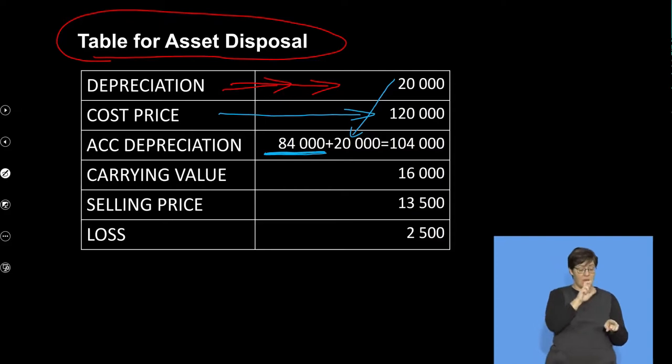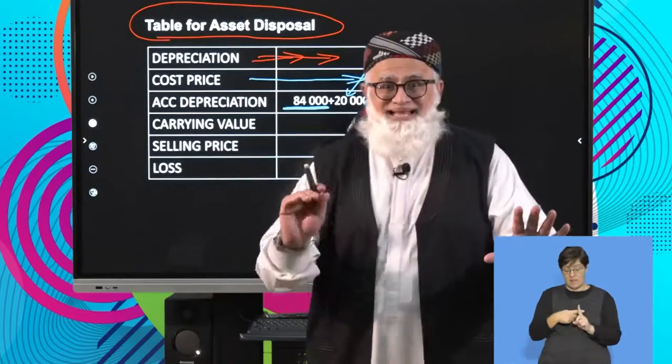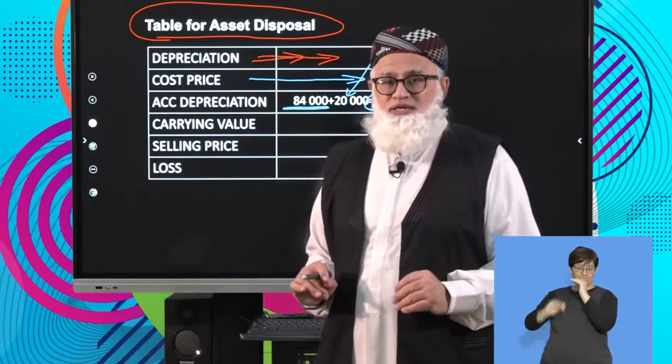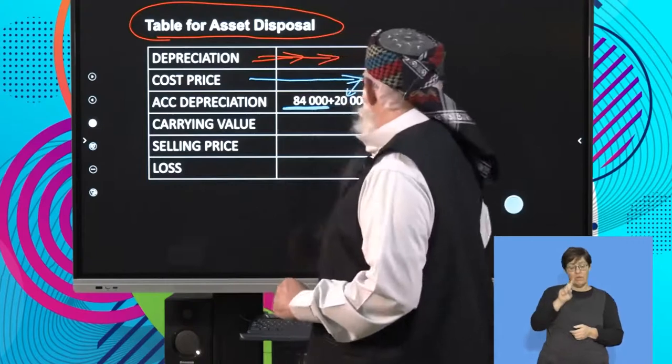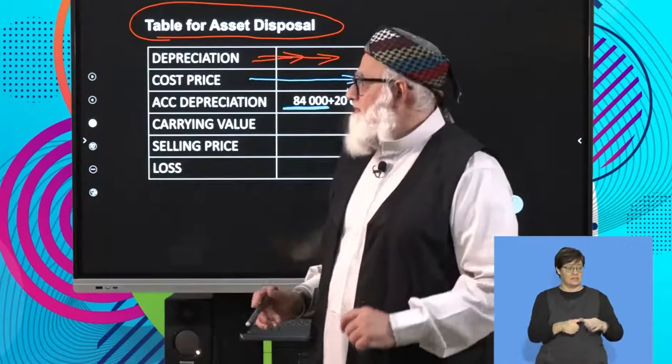Add the two together and it gives you your total accumulated depreciation of 104,000 Rand. So it's your opening balance plus the current depreciation. Okay, next step.